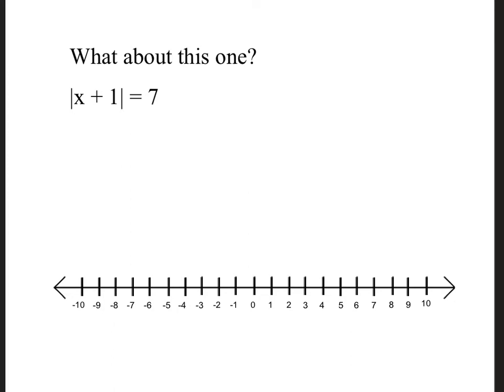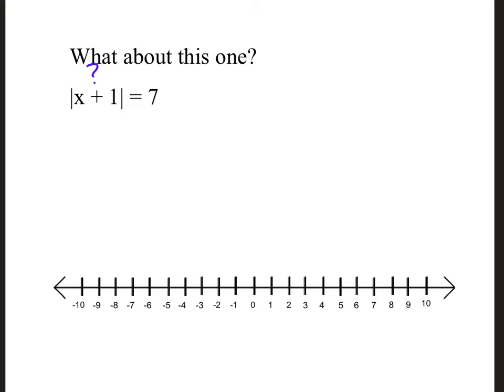So it's saying the absolute value of x plus 1 is equal to 7. So what plus 1 will always be 7 away from 0. Now, your brain might explode on this one, but if we have issues with this, we can solve this in a systematic way. We don't know what this is, maybe.